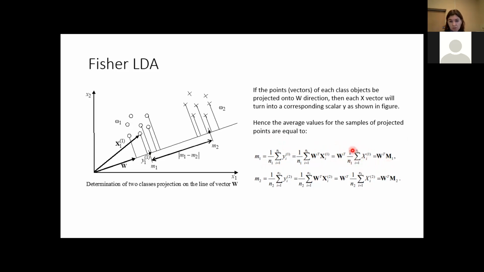The right part of this equation is actually the mean value for x's. So it will be the mean values of projections for the first and the second class: the vector multiplied by the vector of means.